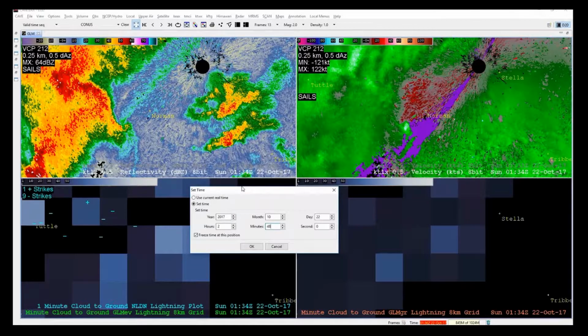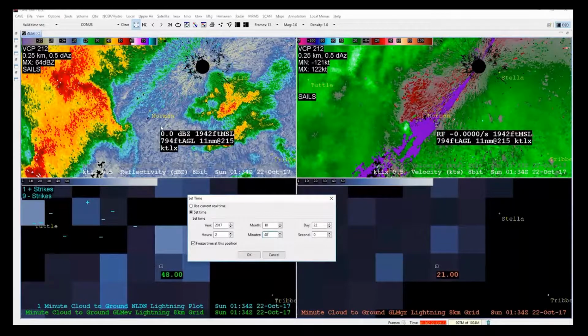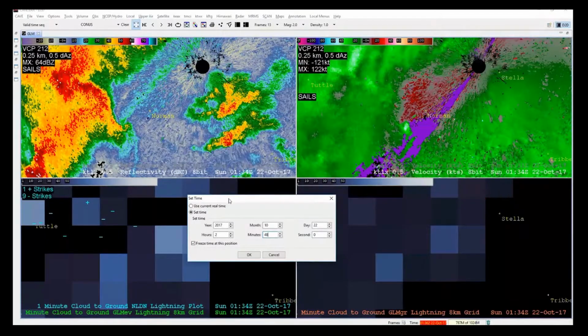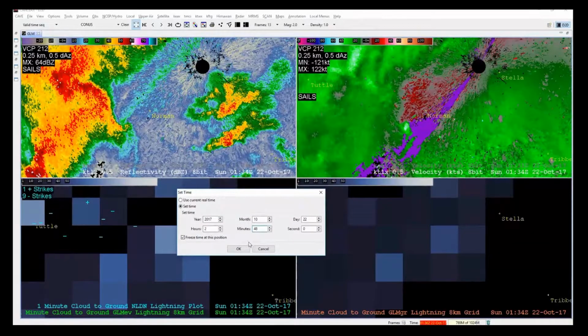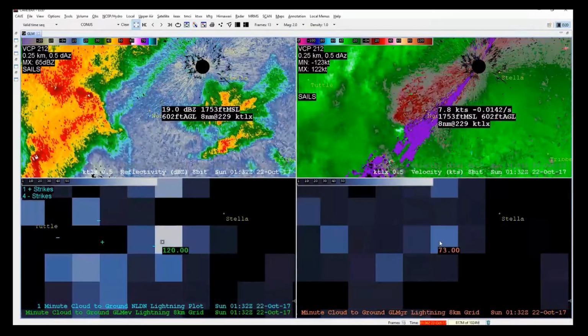The thing that cued us in was the eastward extrusion of that reflectivity that turned into a bokeh in that velocity signature you see, which is right there. So you start seeing it, but then the updraft, you start seeing the lightning there just afterwards.